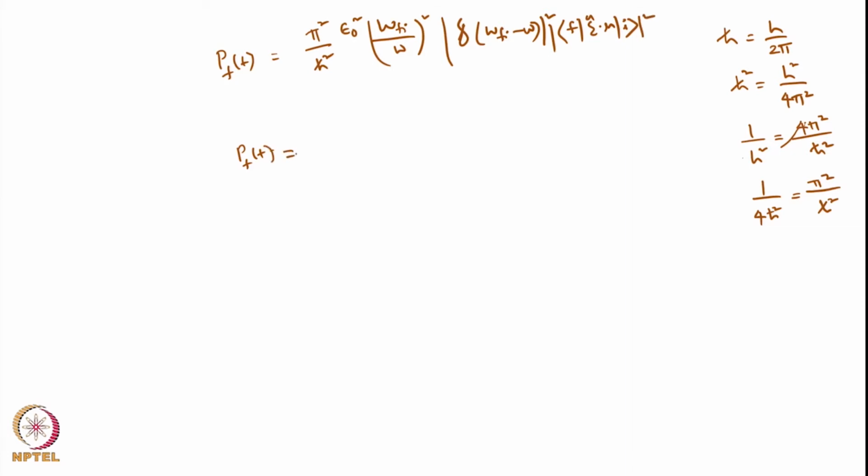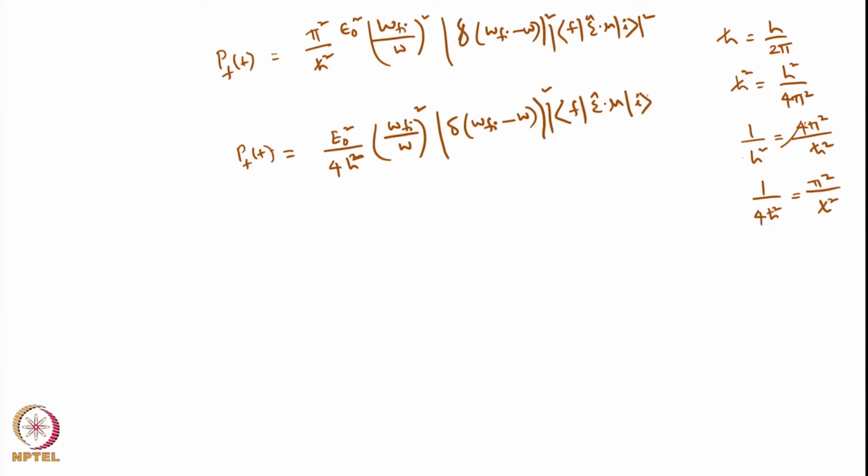It can also be written as E naught square by 4 h square, omega fi by omega whole square, delta omega fi minus omega whole square, f epsilon dot mu I whole square.